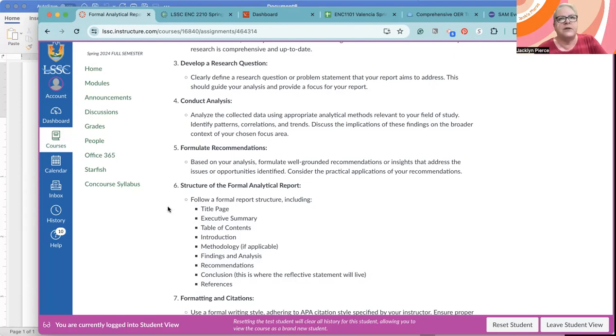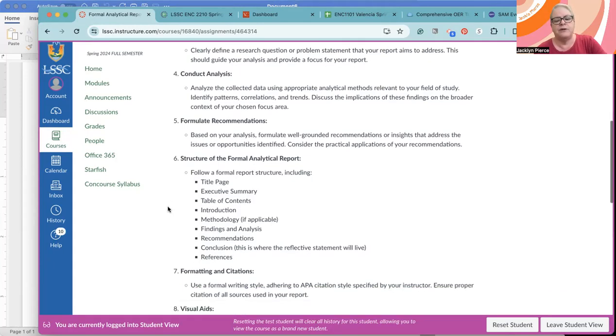Methodology implies this is the data set and this is the sample size, and the hardcore research, but you can still summarize what you did for finding the information. Then findings and analysis, where you're presenting: here's the data that I got, here's the recommendations. And then a conclusion where you will have a reflective statement, which we'll look at in a second. And then, of course, the references.